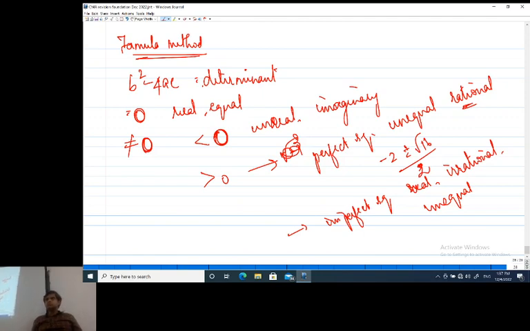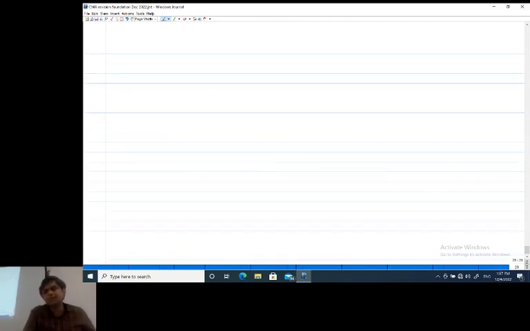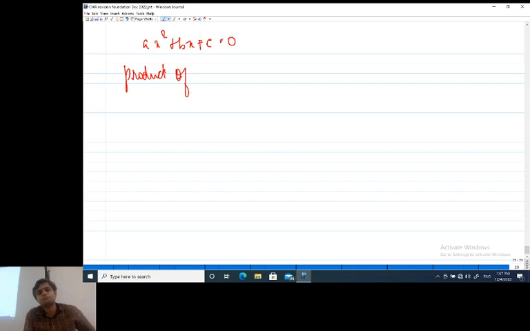Clear? Okay, now more than this, they said, even without finding the roots, you can still find the sum and the product of the roots in an equation. So, ax squared plus bx plus c equal to 0. If this is the given equation, the product of the roots is given by c by a.